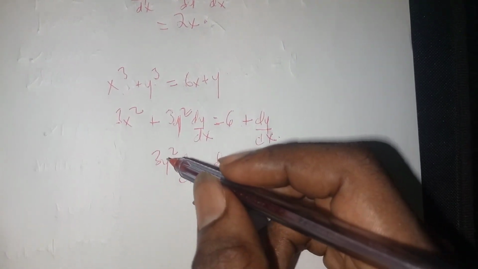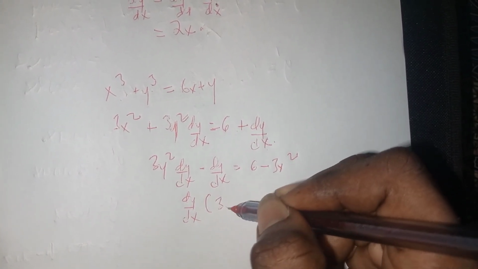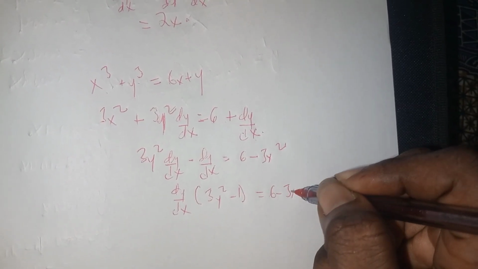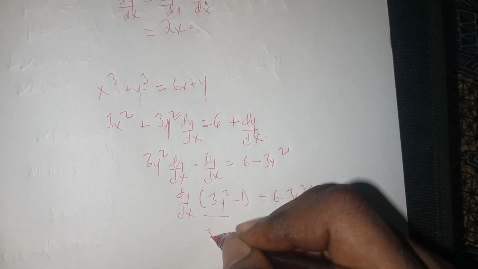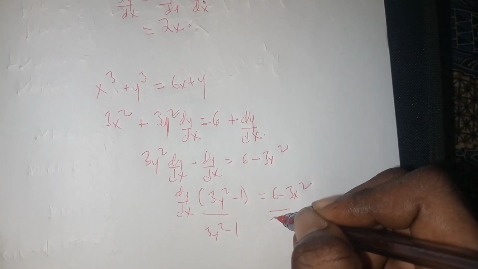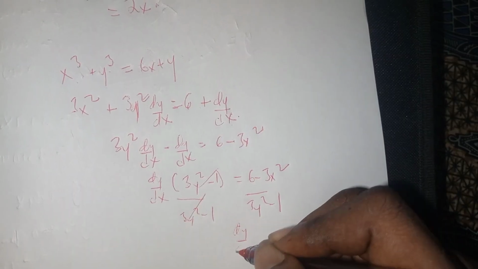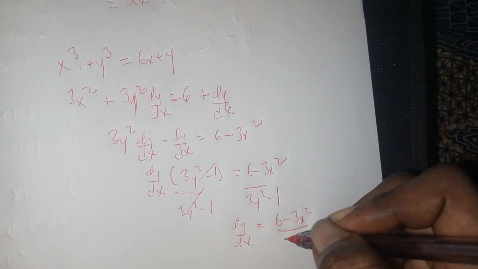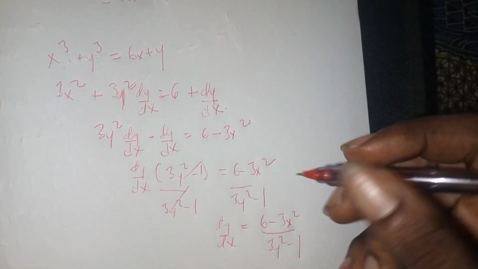We can factorize dy dx out, leaving us with dy dx times 3y squared minus 1 is equal to 6 minus 3x squared. So when we divide through by 3y squared minus 1, we are left with our final answer. Okay, so this is our answer.